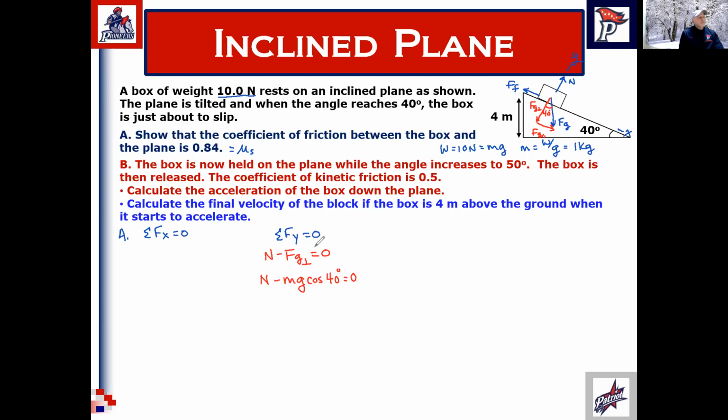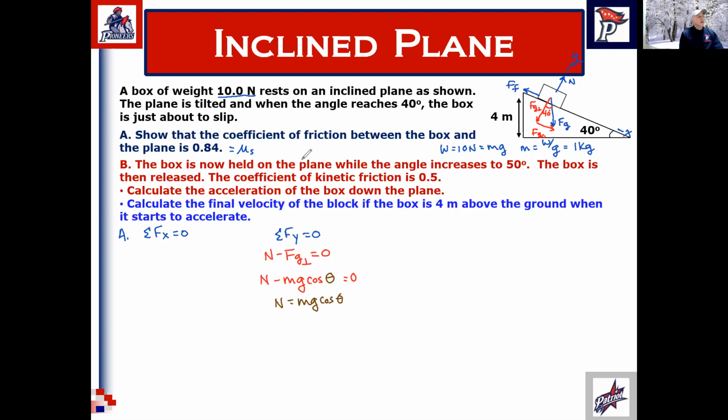Let me not put in the angle yet, I'll just call that theta for right now. So n is equal to mg cosine of theta.